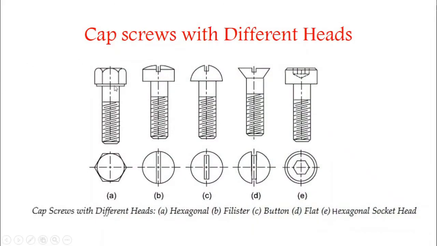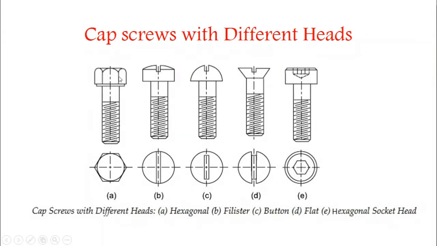A cap screw with the external head is shown in the figure. This cap screw with the external head is tightened externally by means of a spanner. On the other hand, the cap screw with the socket head is tightened by the socket wrench in the counter bore hole.